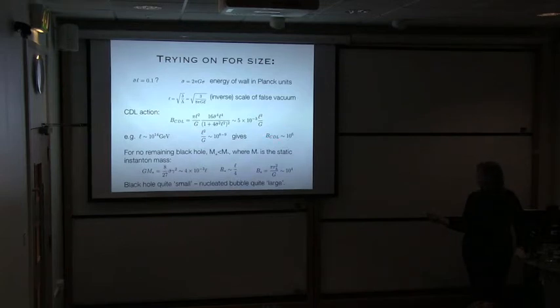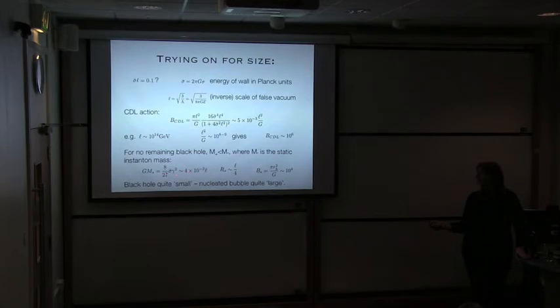So you'll see some of these numbers coming back later. Whereas the B star, in this case, has dropped to 10 to the 4. So we've dropped the Coleman De Luccia action by 2 orders of magnitude. And if you look at the size of the bubble nucleated, it's a quarter of the size of the universe, and the critical mass is quite small on the other hand.